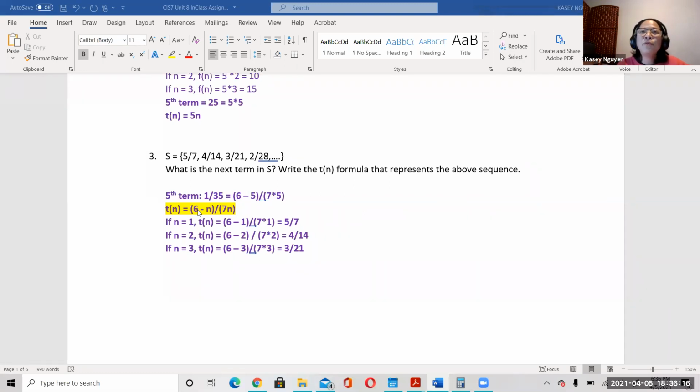So how will you take the index value and represent that as the element value in that sequence? And in some cases, you might have multiple equations to represent that.